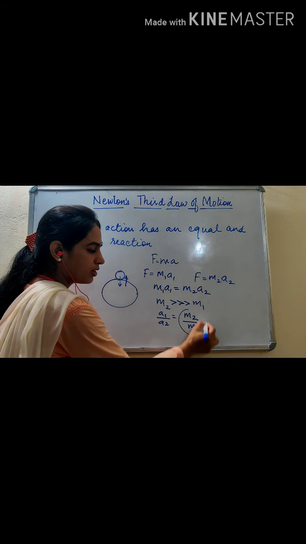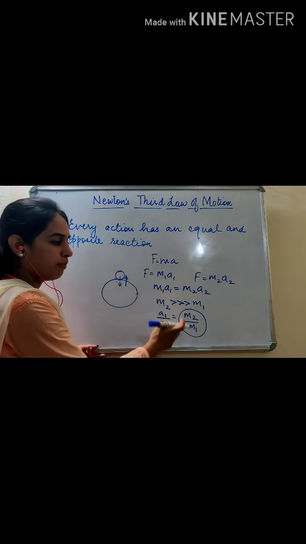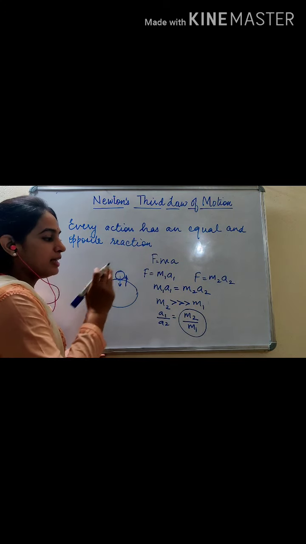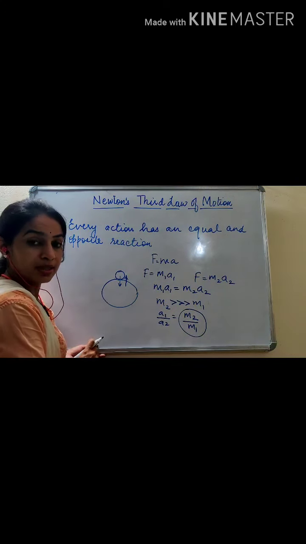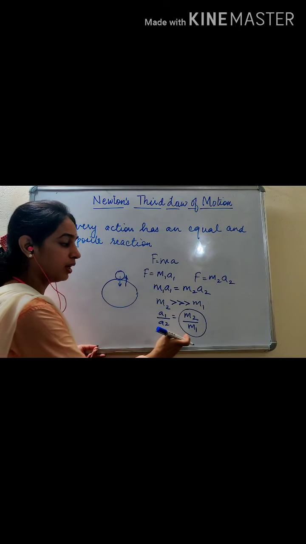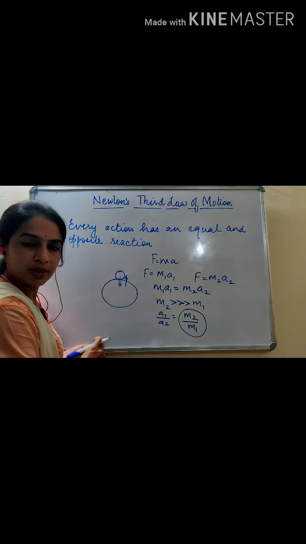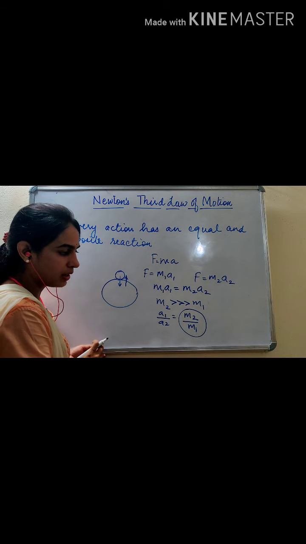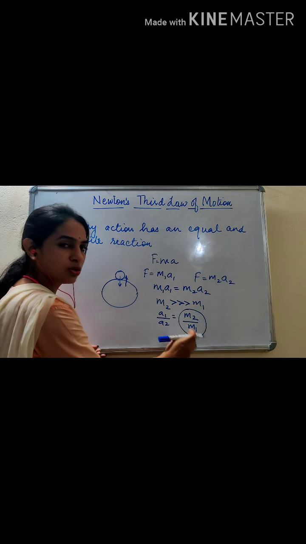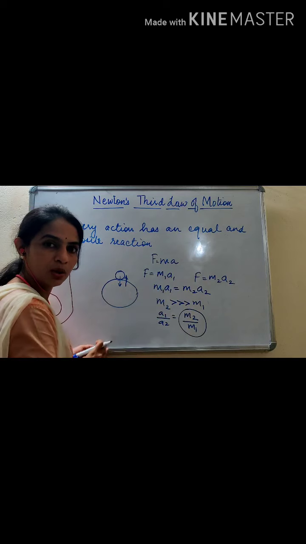Now look at this ratio, m2 upon m1. Mass of the earth is 6 into 10 to the power 24 kg. Okay, it's very high, and mass of the ball must be some grams, right? So what will be this ratio? This ratio will be approximately equal to infinity.